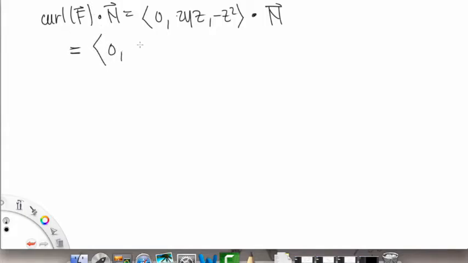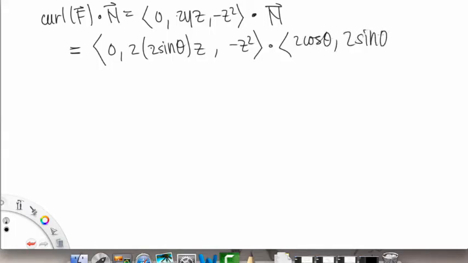So if we move into cylindrical, our 2 times y is now a 2 sine theta, okay? And our z is still z in cylindrical. And then we have negative z squared, which stays z squared. And then we're dotting this with the normal vector, which we found to be 2 cosine theta, 2 sine theta, and 0. Okay? So this turns out to be, I'll simplify the first one.